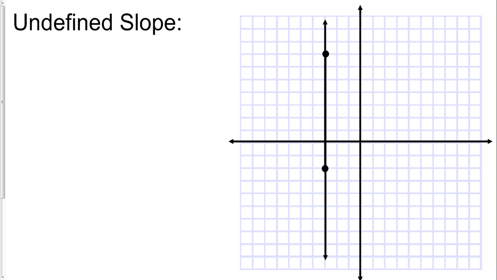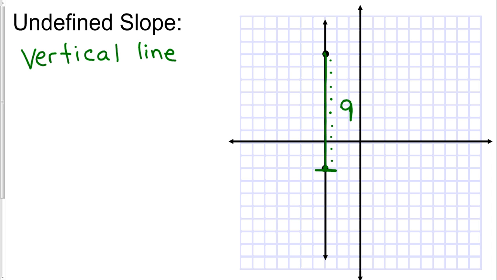All right, our last scenario. This is an undefined slope. An undefined slope is a vertical line. And the reason that the slope is undefined is that if we were to look at this graph, these 2 points, 1, 2, 3, 4, 5, 6, 7, 8, 9. So the rise is 9.